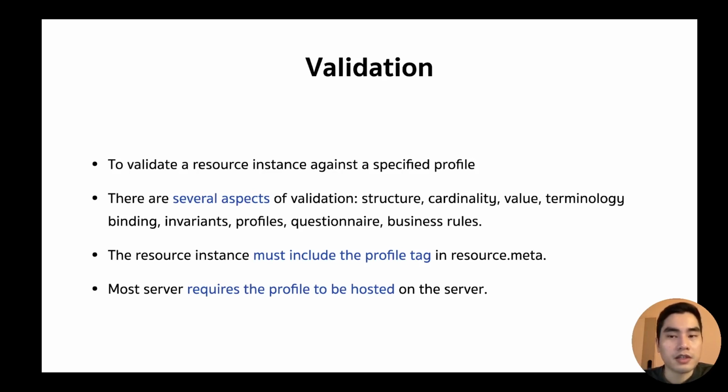Validating a structure, a cardinality, a value if it's a correct type, and terminology binding: if the code you use in your resource is really from the value set you are binding, validating any violating of the invariants, and conforming to a profile and business rules.